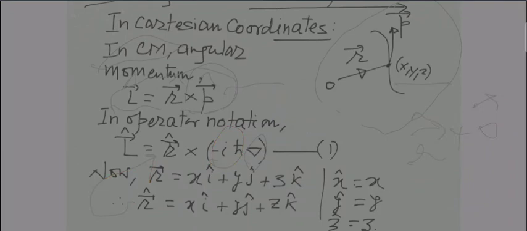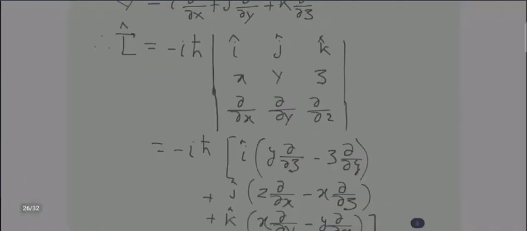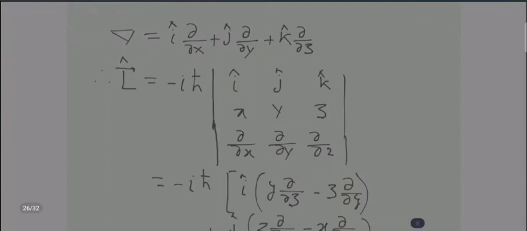Now after it becomes the cross product of those two, it can be represented in the form of this determinant.